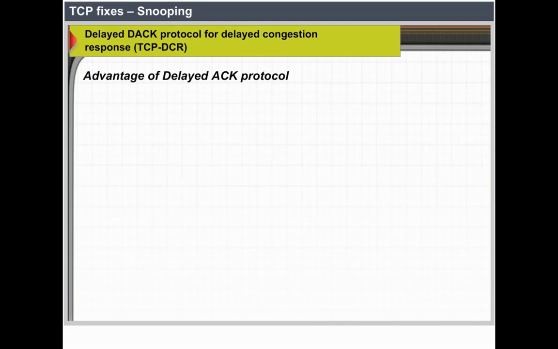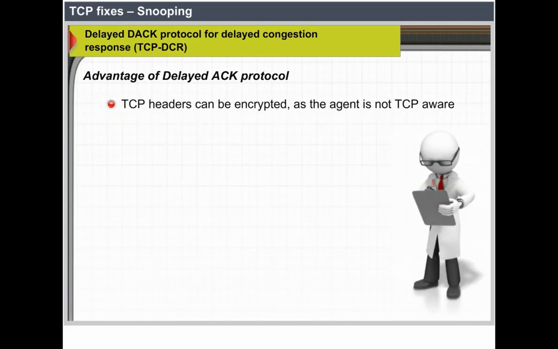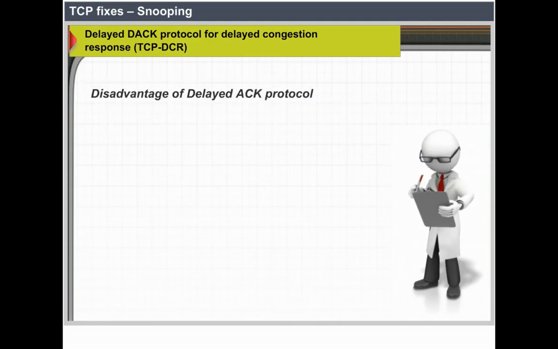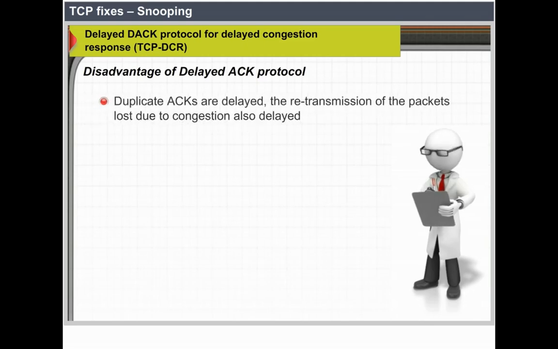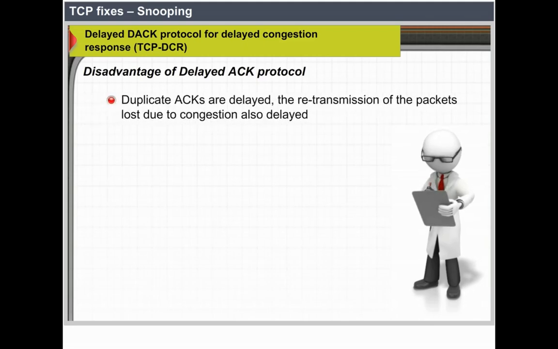Advantage of delayed ACK protocol: TCP headers can be encrypted as the agent is not TCP aware. Disadvantage of delayed ACK protocol: duplicate ACKs are delayed. The retransmission of the packets lost due to congestion is also delayed.